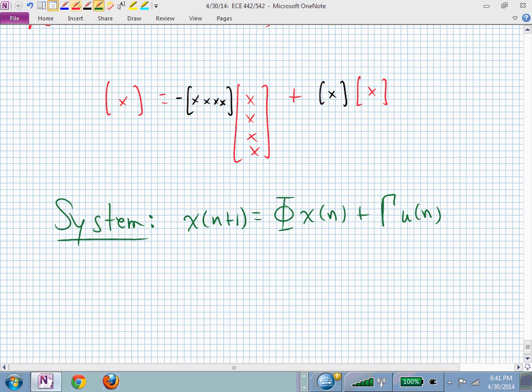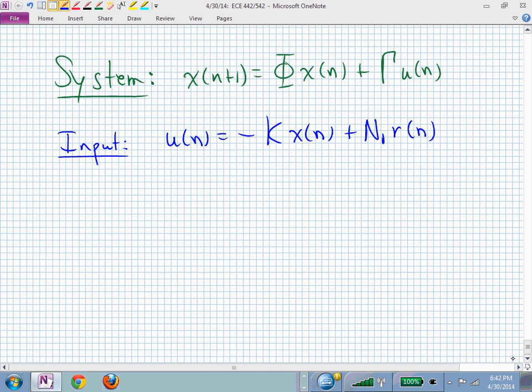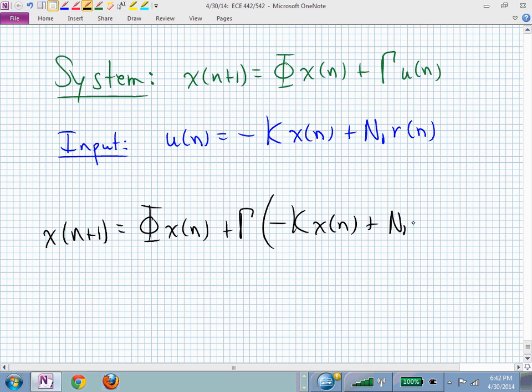But now our input is minus k x of n plus n sub 1 r of n. If we apply that u to our dynamics, we end up with x of n plus 1 equaling phi x of n plus gamma times minus k x of n plus n sub 1 r of n.